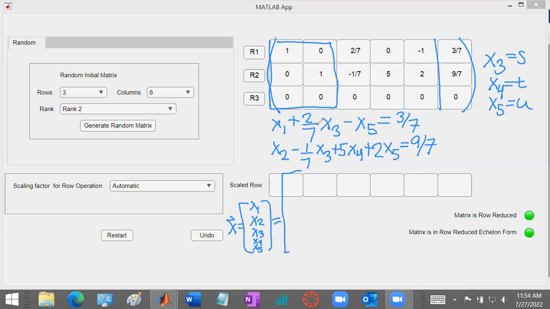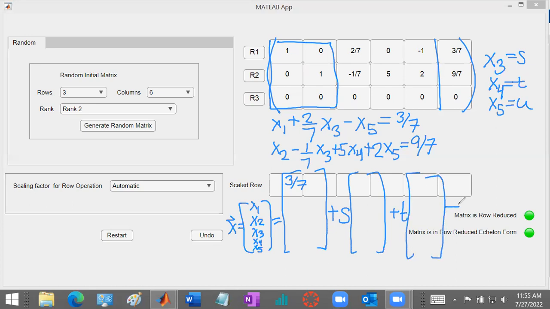So x1 is going to be 3/7. Let's skip to the step where we have the answer already. So here, this is going to be the constants. This is going to be the vector that has all the s's in it. This is going to be the vector that has all the t's in it. It's going to be the vector that has all the u's in it.